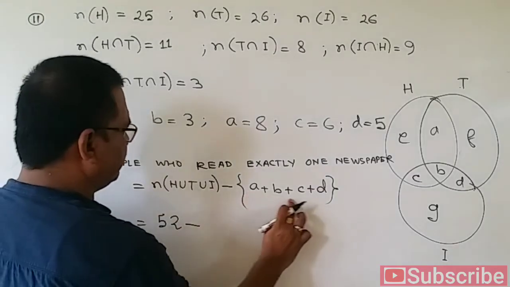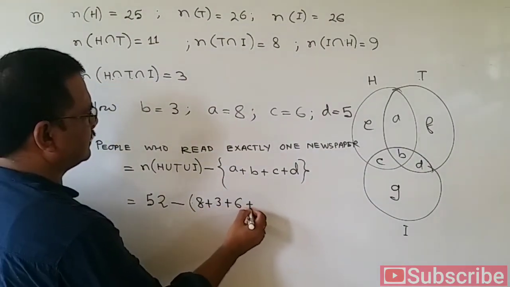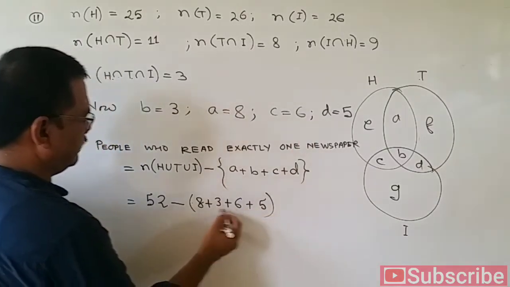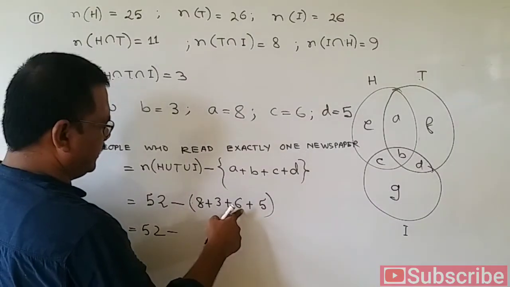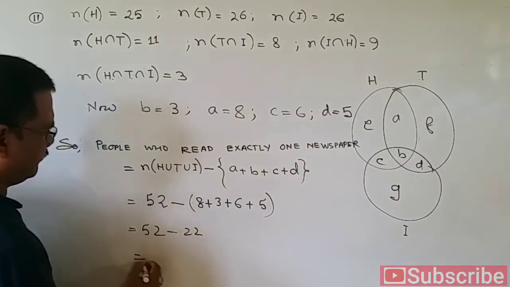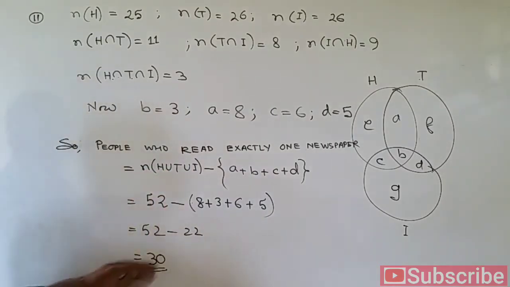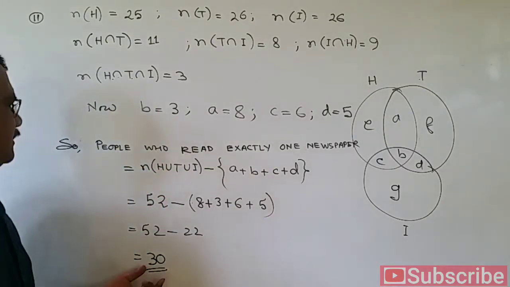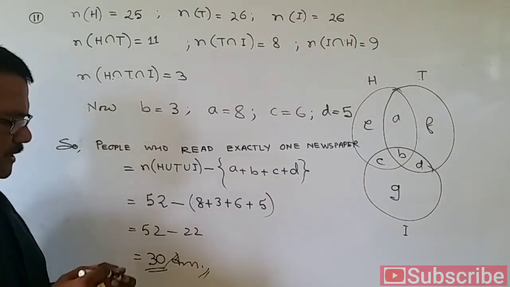Then A plus B plus C plus D: 8, B is 3, C is 6, D is 5. Now you subtract this. 11, 17, 5, 22. So 30. We have already got it in our previous diagram, is not it? So this is how we can find our required answers.